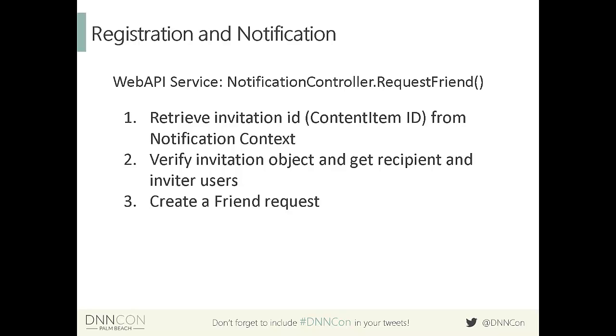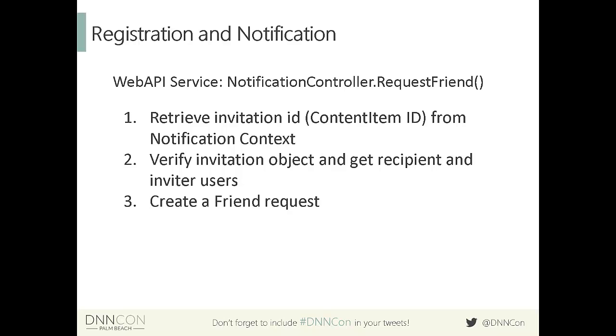So in this case, I created a custom action on that notification that allowed the user to create the friendship. And when they clicked the link, it hit a web API service that was custom to my module that performed that request friend. So let's see how that works. We're going to look at the web API service, and it's in this notification controller request friend.